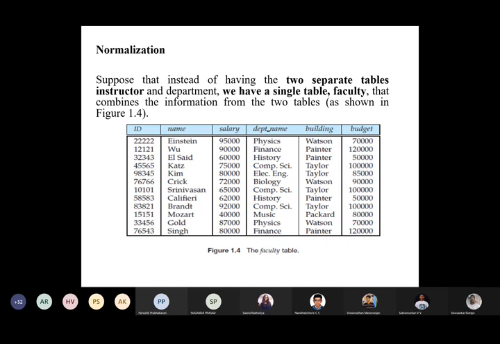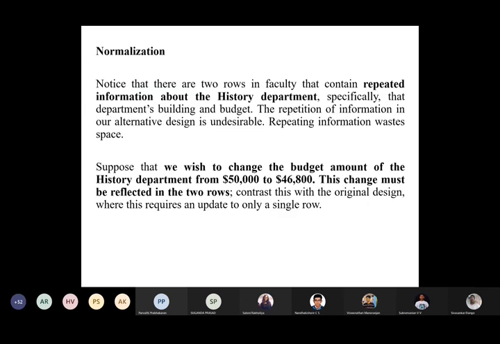It is not possible to add a new department to this relation unless a faculty is associated with this department. So you have a department with no faculty member, it is not possible to add department details alone in this relation. So, inability to represent the information, right?